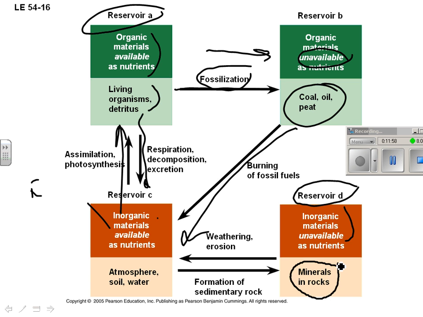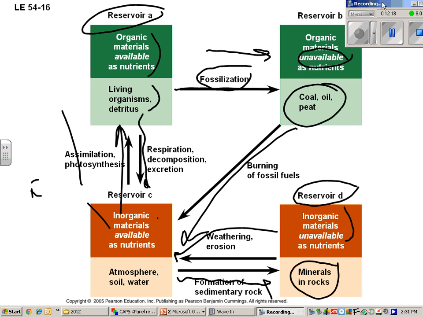Mostly minerals and rocks that have always been here. And so sometimes we get formation of sedimentary rock by compression and all that stuff of inorganic materials, but often we get weathering and erosion, and those add minerals back into the available minerals for organisms.